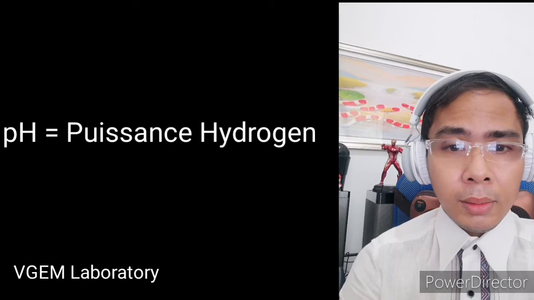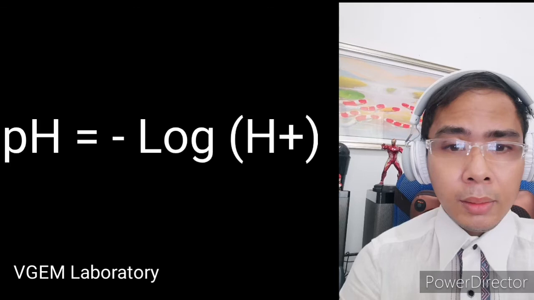In the earlier discussion, I have sent you the introduction pertaining to this: pH is equal to negative log, open and close parenthesis, of hydrogen concentration. Normal body pH is slightly alkaline, with a normal range of 7.35 to 7.45.